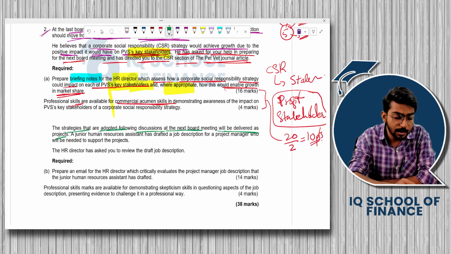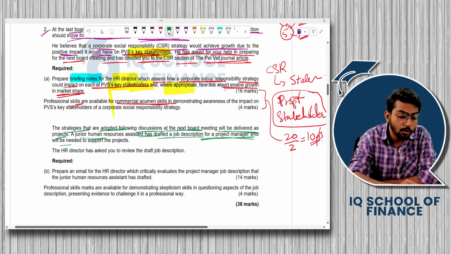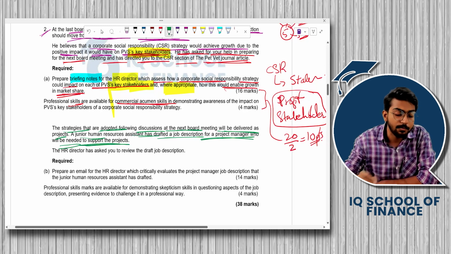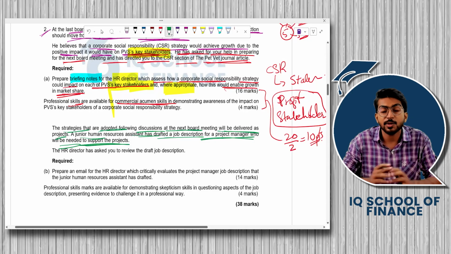So they are saying that a junior human resource assistant has drafted a job description for a project manager who will be needed to support the projects. As we all know, project management is a very important topic of our SBL, and the question has been tested from this topic. And we all know how a project should be managed, what are the people, their responsibilities, the project initiation document, the project completion report, and everything.